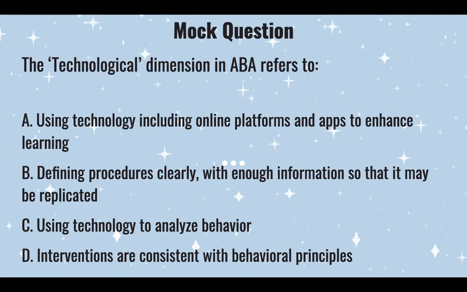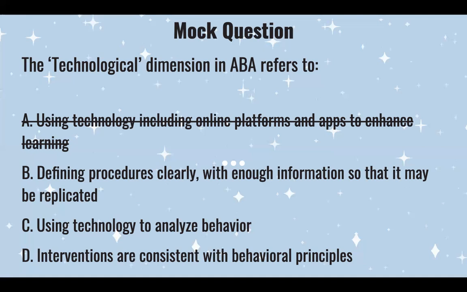All right, so let's go through elimination here. The first one I'm going to eliminate right off the bat is using technology, including online platforms and apps to enhance learning. So we know that the technological dimension in ABA isn't looking at technology like online platforms, apps, devices. That's not what the technological dimension refers to.